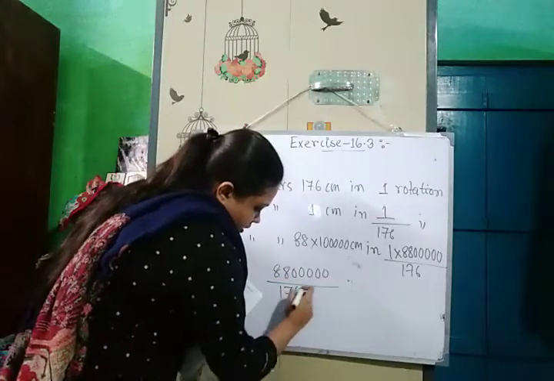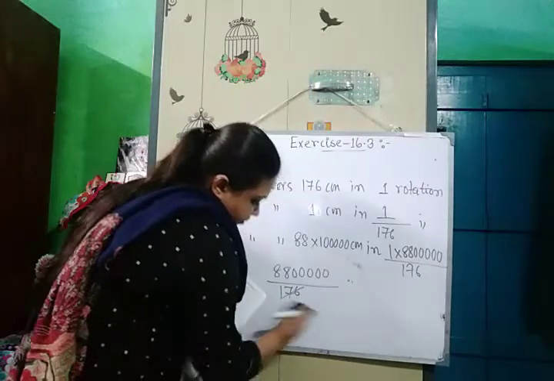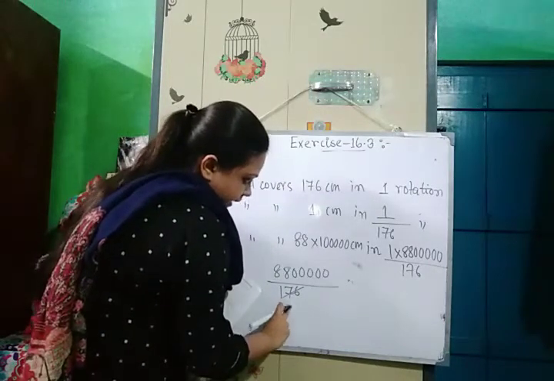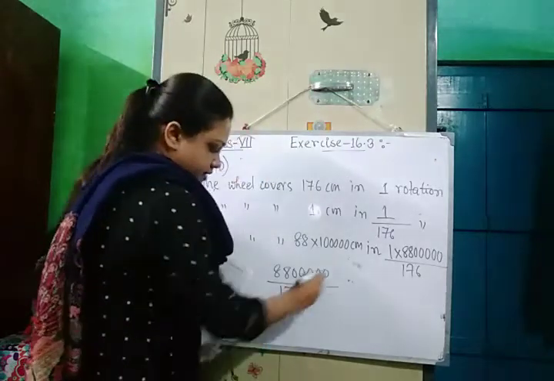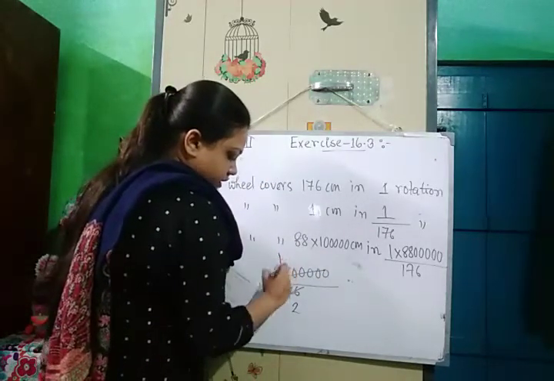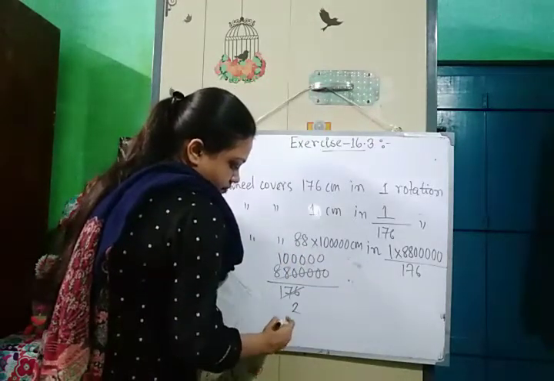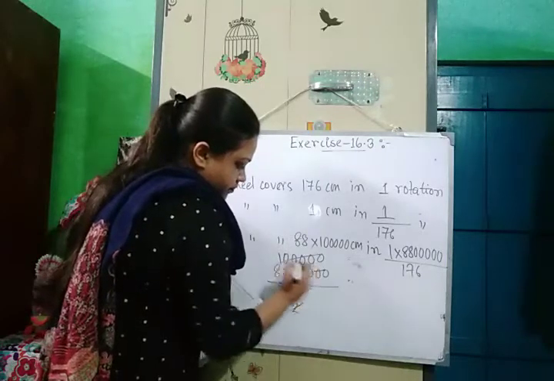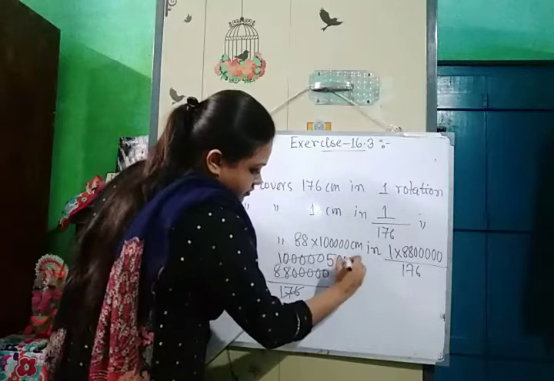By 88, sorry, by 88 I am dividing it first. 88 2s are 176. 88 ones are 88, then 5 zeros. Okay. Now 2 ones are 2, 2 5s are 10, then 1, 2, 3, 4 zeros.